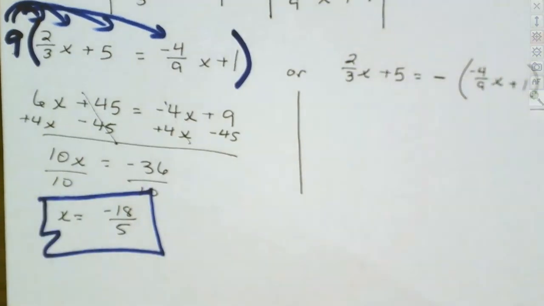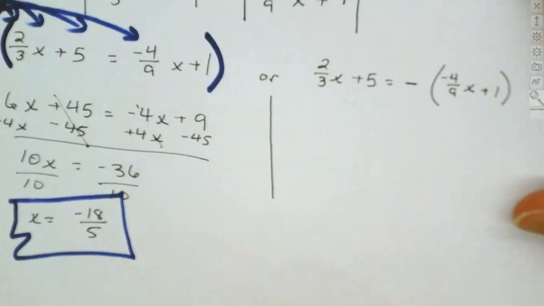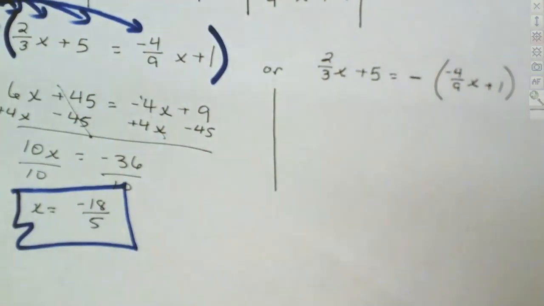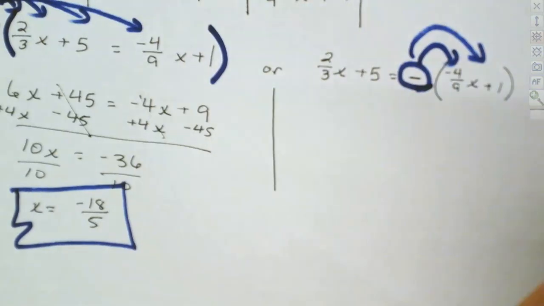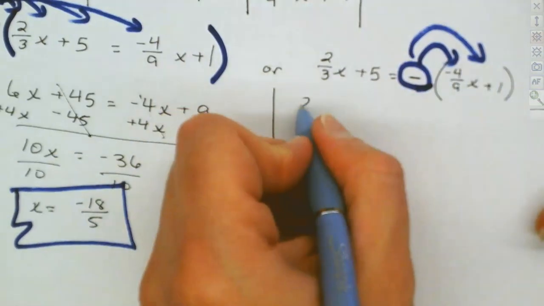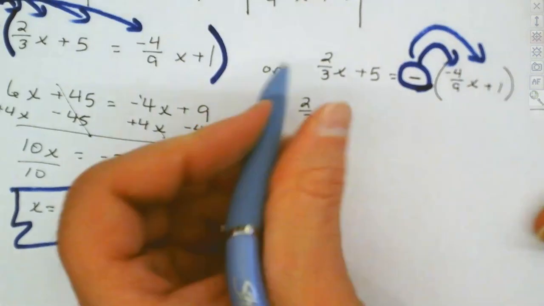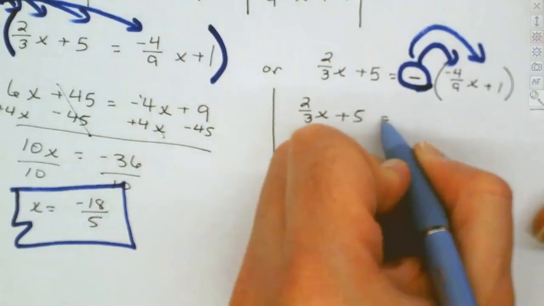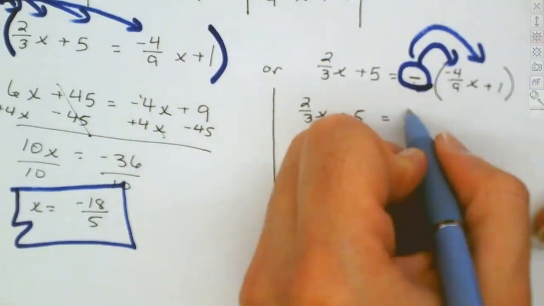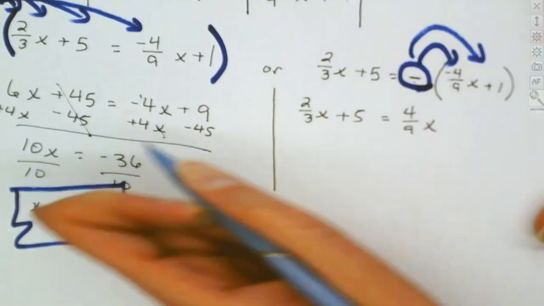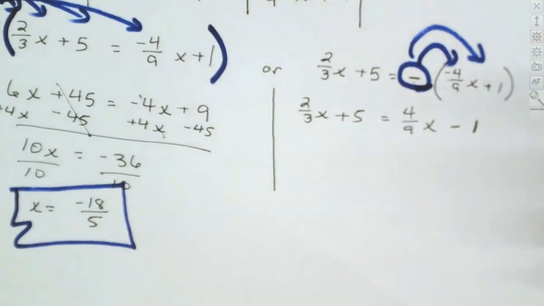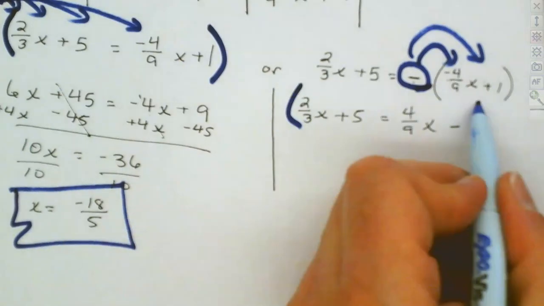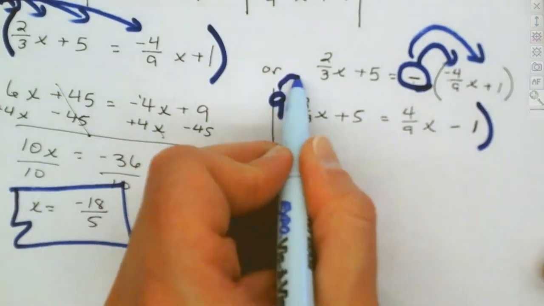Okay. For the other one, what do we do first? First thing we do is distribute that negative through. That's going to change the signs. And that's going to make it 2/3 x plus 5 equals negative and negative makes it positive 4/9 x. Positive and negative makes it a negative 1. Just like we did a moment ago, we're going to multiply all of this by 9.